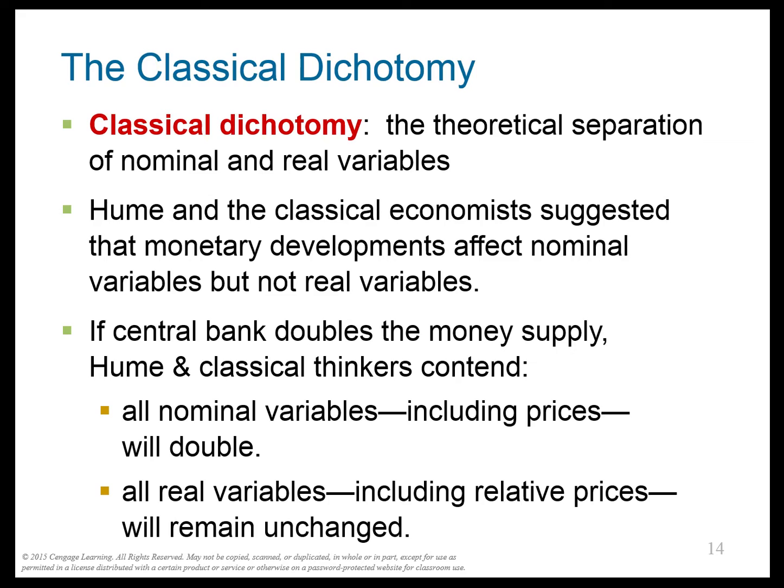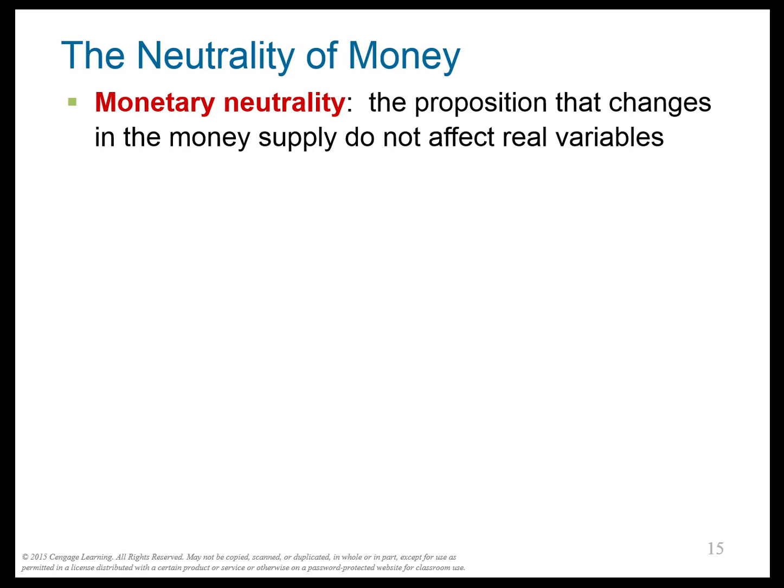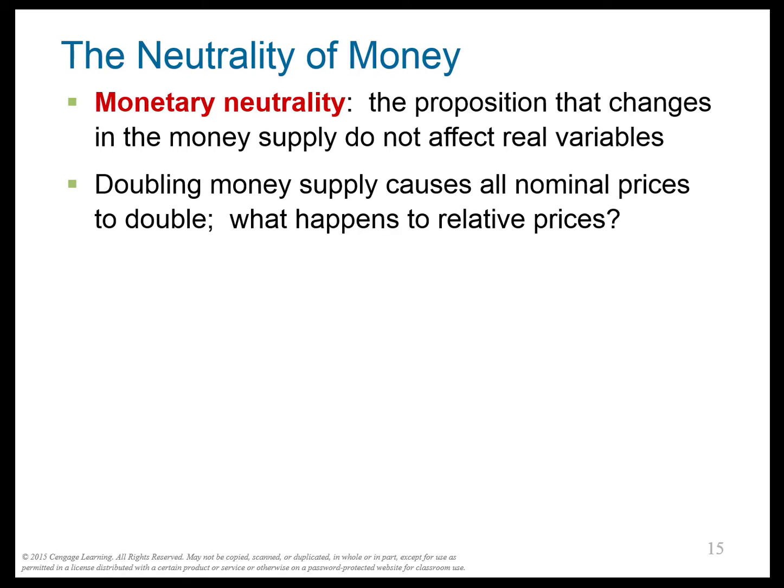Basically, if they put more money in the economy, everything gets more expensive, including my labor, so I get paid more, and I actually can't buy any additional goods. I don't feel any richer. That's what it means for real variables to be unchanged. The idea here is that money is neutral: in the long run, the money supply cannot affect real variables.